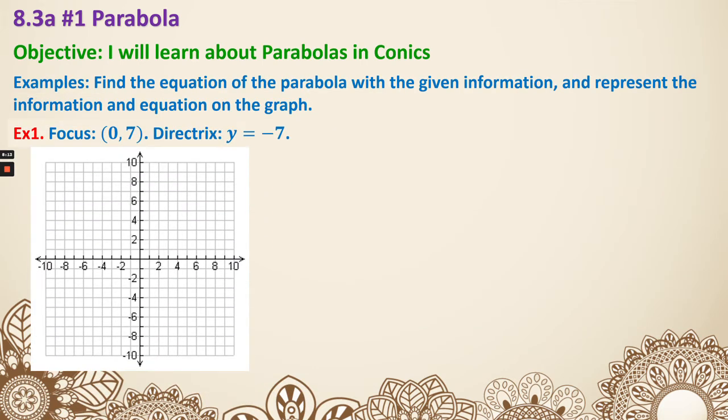Examples 1 and 2. Find the equation of the parabola with the given information and represent the information and equation on the graph. First, let's draw (0, 7). That's our focus F (0, 7). The directrix is y equals -7, which is down here. If you recall what we just talked about, the vertex is the same distance to the focus and to the directrix. In other words, the vertex is the midpoint between the focus and the directrix.